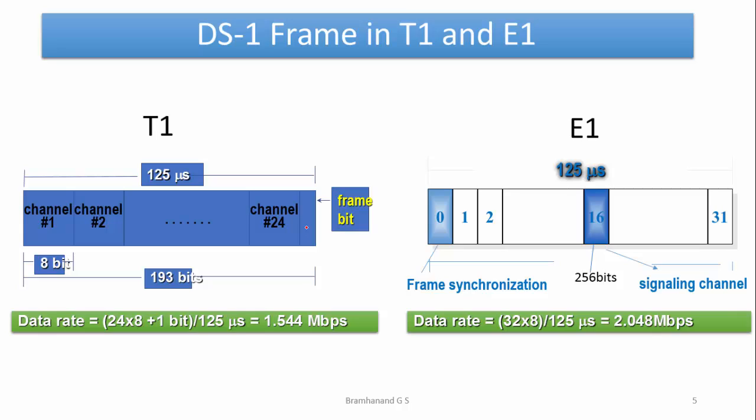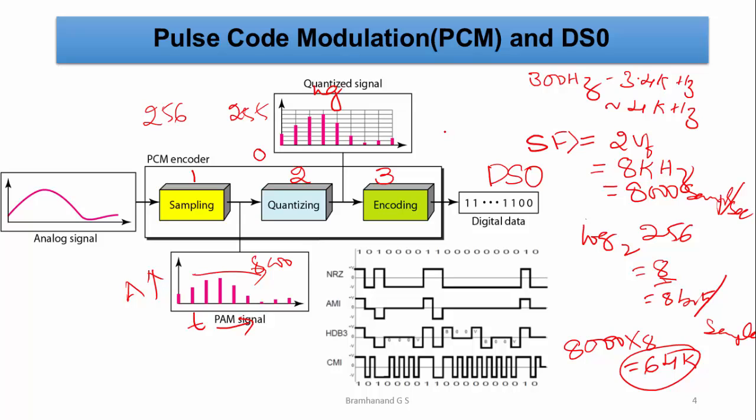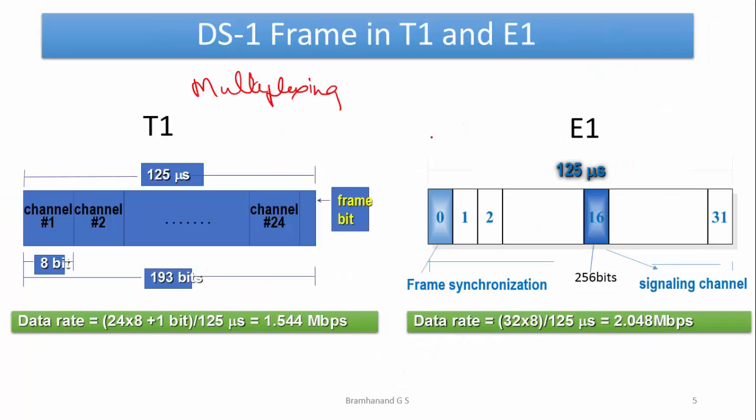So a mechanism wherein I can group multiple such channels is called multiplexing, right?